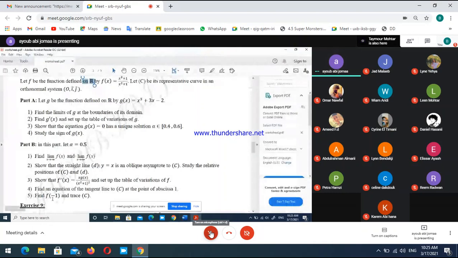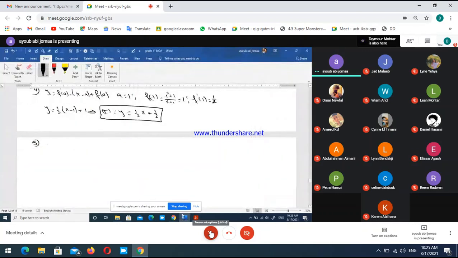Part 5, find f of negative 1 and then trace the curve. F of negative 1, replace. Negative 1 power 3 plus 1 over negative 1 squared plus 1, which is equal to 0.